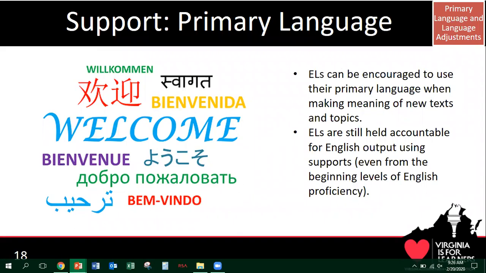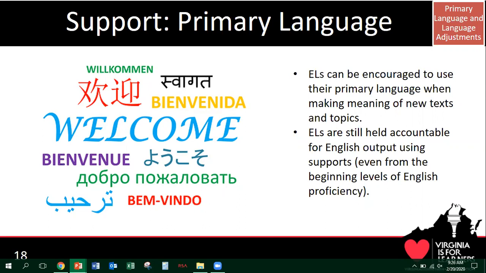There are some bilingual glossaries available, a link. The resource is actually out of New York, but for use in instruction, teachers can use that bilingual dictionary. As I mentioned, the link is on the Virginia Instruction Education for English Learners website.